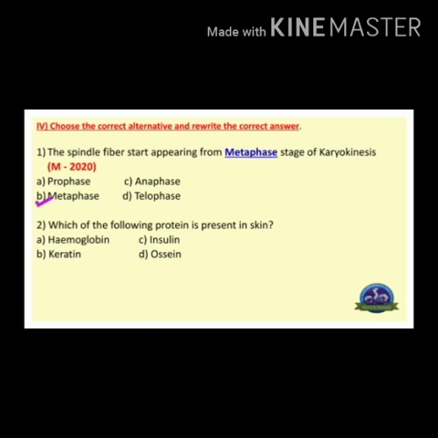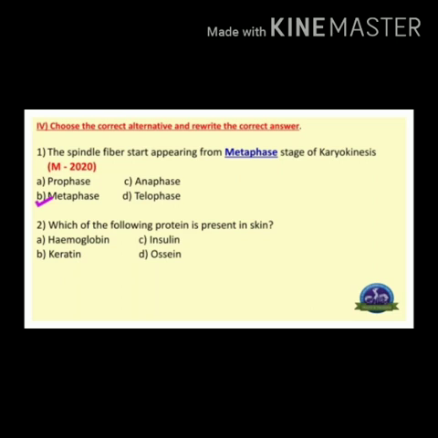Answer is metaphase. That is, the spindle fiber starts appearing from metaphase stage of karyokinesis. Students, this question has come in March 2020 of board exam. So it is very important.